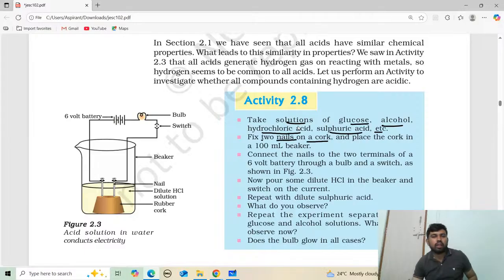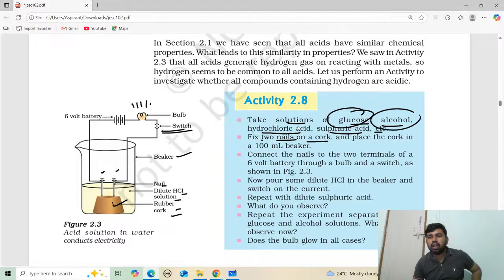You see the diagram they made here. There is a rubber cork, two iron nails, connected to a battery, with a bulb and a switch. Here is a beaker, and they take the nails and dilute hydrochloric acid solution. The samples are glucose, alcohol, hydrochloric acid and sulfuric acid.